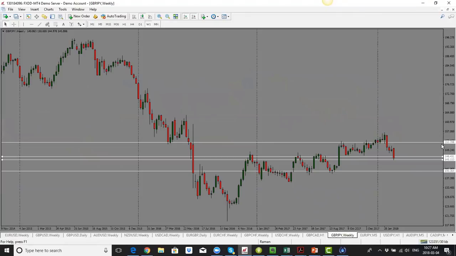Yen crosses. Yen crosses paid us really well last week. Now we do have Bank of Japan, and as the yen strengthens, Bank of Japan could be getting worried because they are a big export economy, and when the currency becomes expensive, exports become expensive as well for other countries that are importing or buying those things. So that could be a concern.